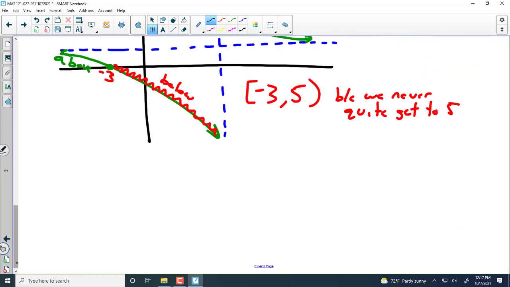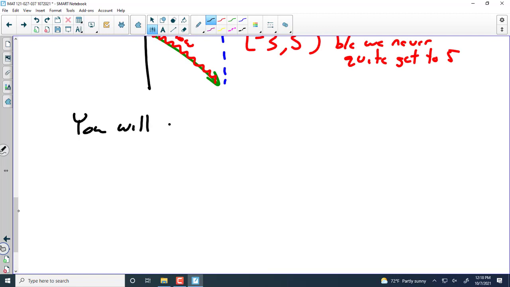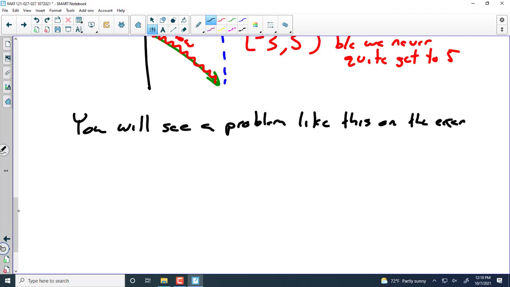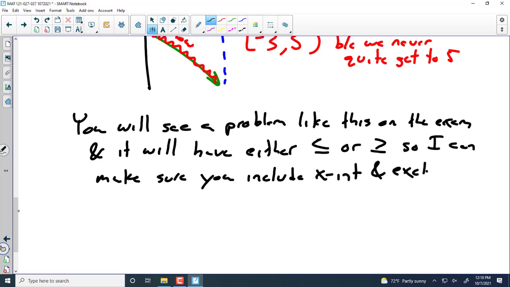So class, I'll just tell you this. You will see a problem like this on the exam, and it will have either less than or equal to or greater than or equal to, so I can make sure you include the x-intercept and exclude the vertical asymptote.